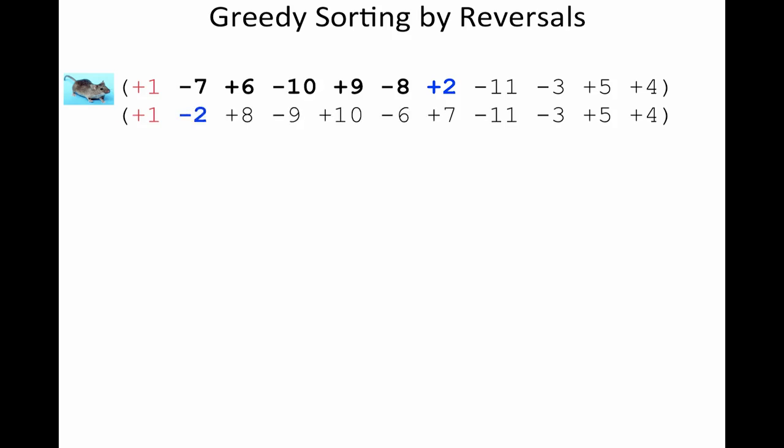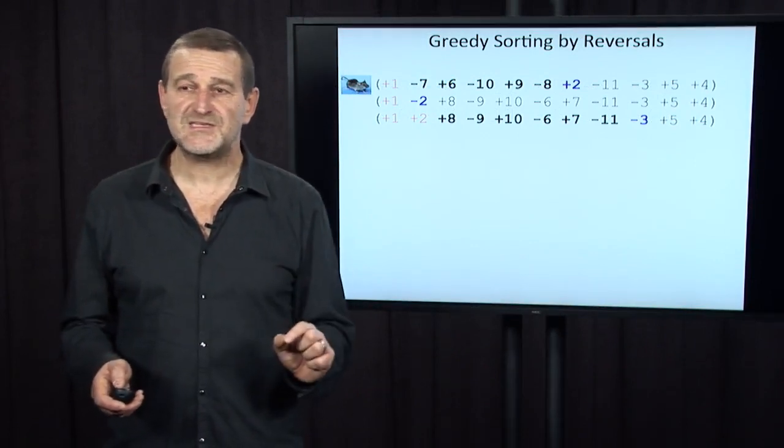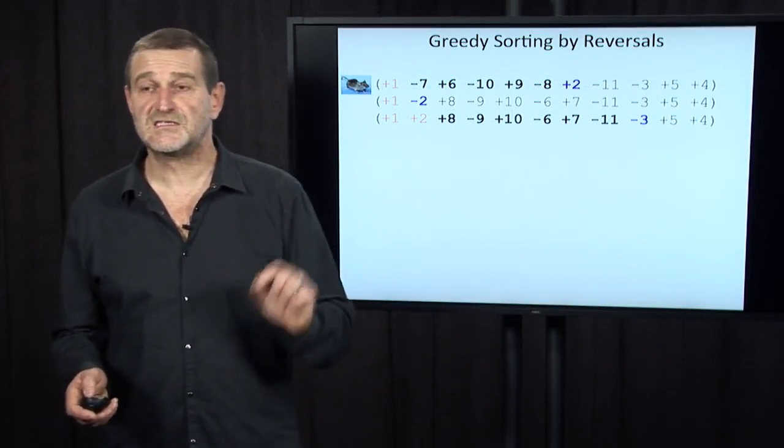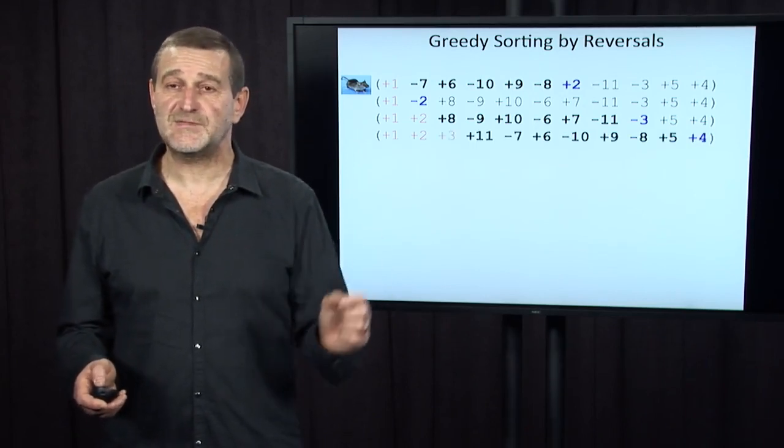That's what we've done right here. We brought +2 to the right position, but now it has a wrong sign. Not a problem. We will reverse the sign using a short reversal right here. Now, we placed both +1 and +2 at the right position, but -3 is at the wrong position. Not a problem. We'll find a reversal that brings it to the right position.